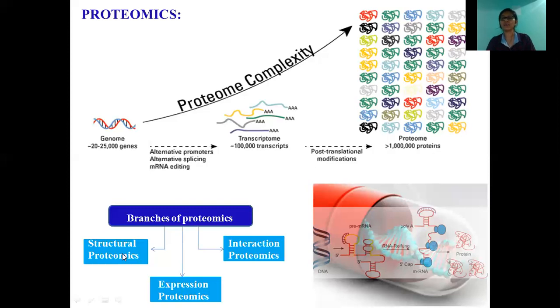In interaction proteomics, you can identify different types of interactions, different types of PPIs, as I already told in the previous slides: the two-hybrid system, FRET, that is fluorescence resonance energy transfer, and co-immunoprecipitation. These are the three most commonly used techniques to study protein-protein interaction, because proteins interact with each other.